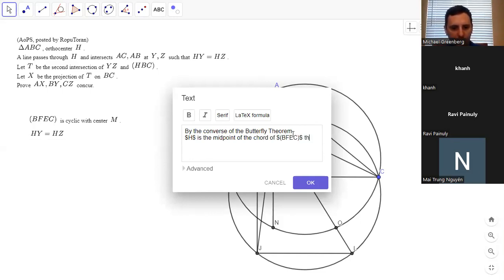And that means that HM is perpendicular to EF or YZ.